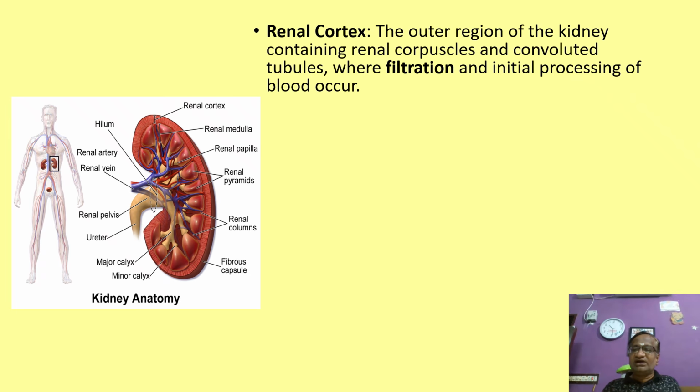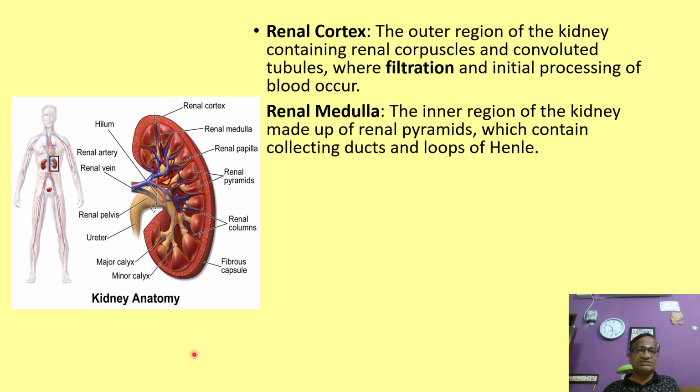What are the parts of the kidney? Now this is the renal cortex, and above this is the capsule. The capsule, the cortex, the medulla. Now in between, what are the things? The renal medulla, and the inner region of the renal medulla is made of renal pyramids.